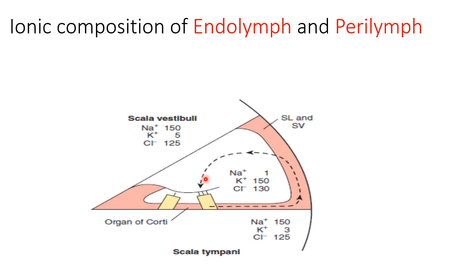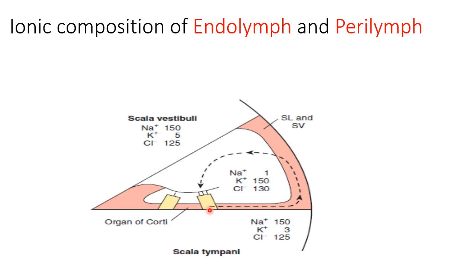Points to be remembered: the scala media contains endolymph. The composition of the endolymph is different from the perilymph. The deep part of the hair cell is bathed by endolymph.